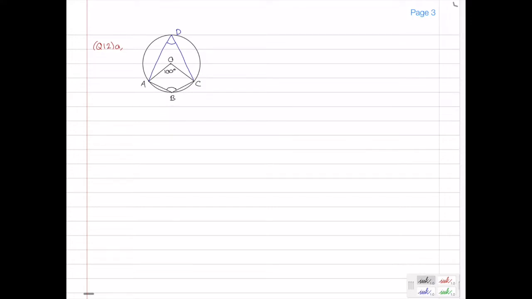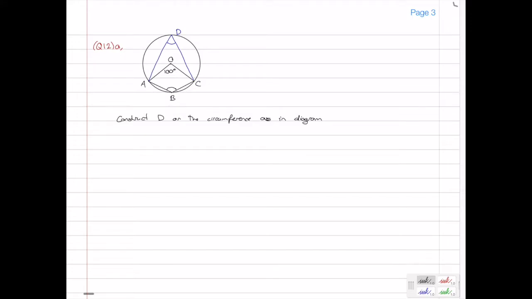So I can say construct the point D on the circumference as in diagram. I'm just being lazy with my English here.